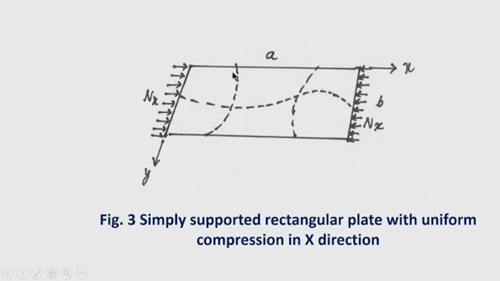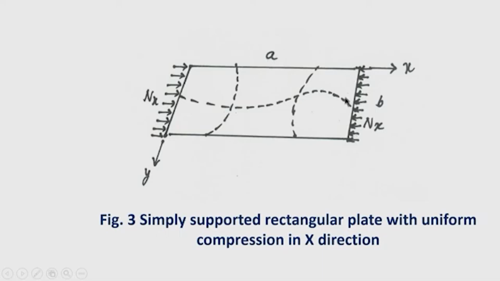So, the number of half waves required to be formed for finding the critical load of such a plate is 1. So, the plate buckles in the y direction in a single half wave, that is clear, but the number of waves required in the x direction, in the longitudinal or lengthwise direction, is equal to a by b. So, a by b is the aspect ratio and this is a and this is b.